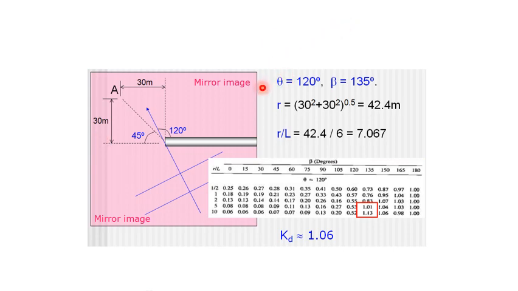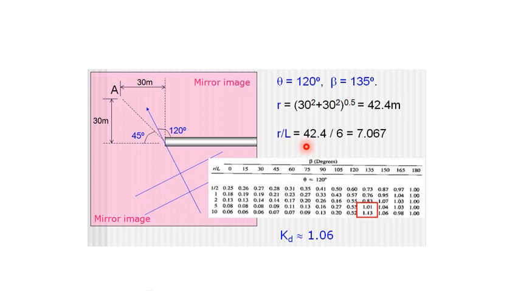So beta should be 135 degrees and not 45 degrees. R is the distance of A from the tip, so that is straightforward. It's 42.4 meter. So R/L is obtained for the 6 meter wave as 7.067.